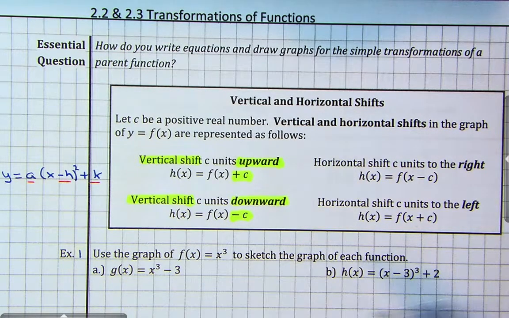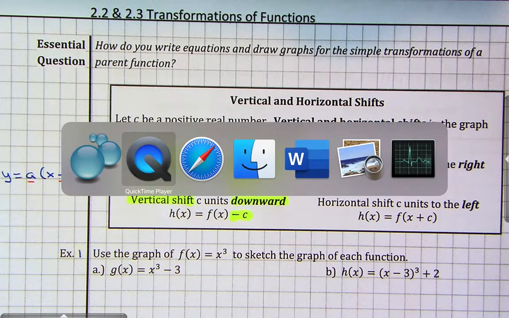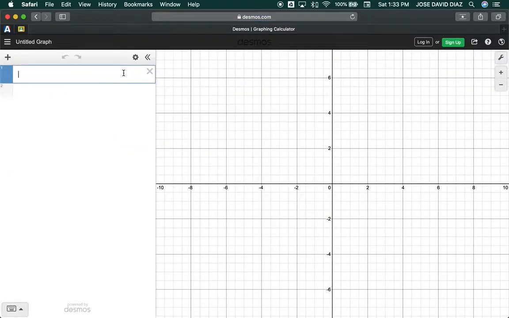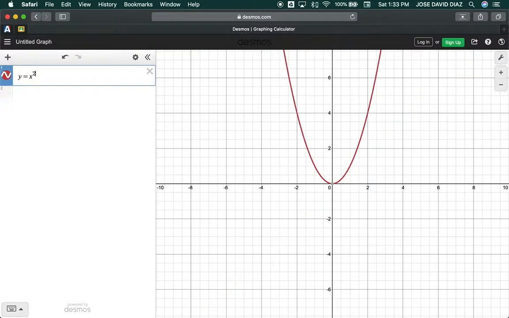At this point you should be able to do this yourselves through Desmos. So just go into desmos.com, then I'm going to click on graphing calculator. If I type in the parent function of a quadratic equation, y equals x to the power of 2, that is a parabola.